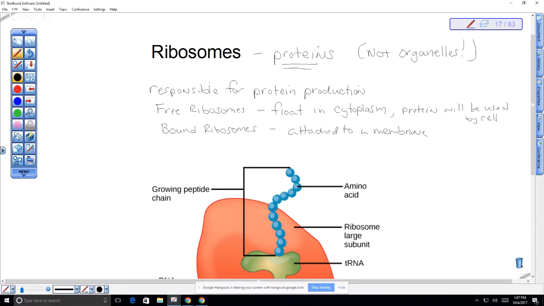Now, if it's attached to a membrane, it is going to produce a protein that will be secreted. Secreted means that it's passed to the outside of the cell. So let's say that this is a ribosome that's going to produce insulin. And insulin is a protein hormone that is secreted by the pancreas.